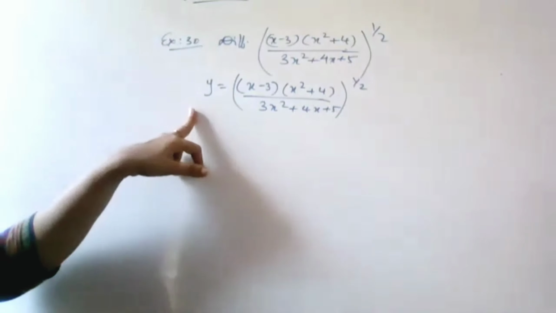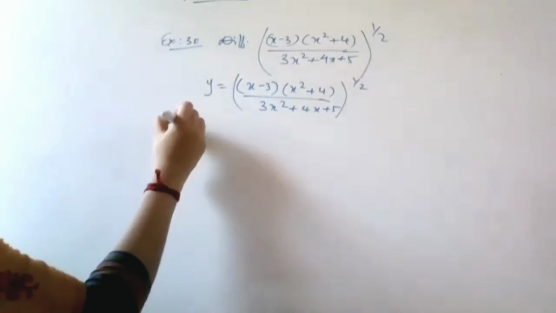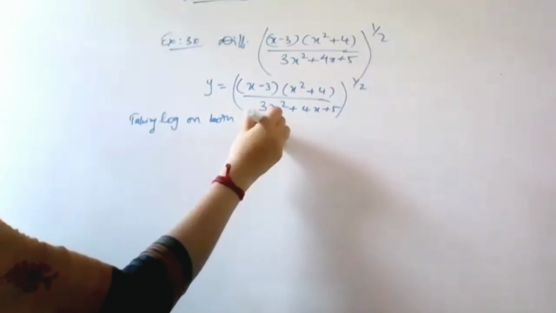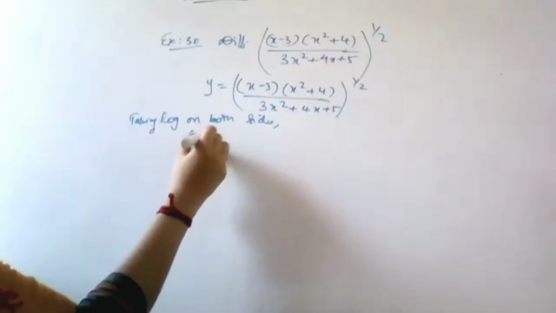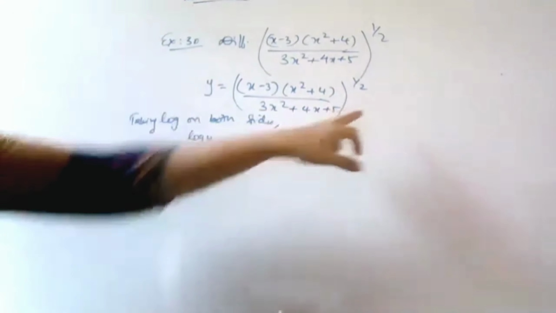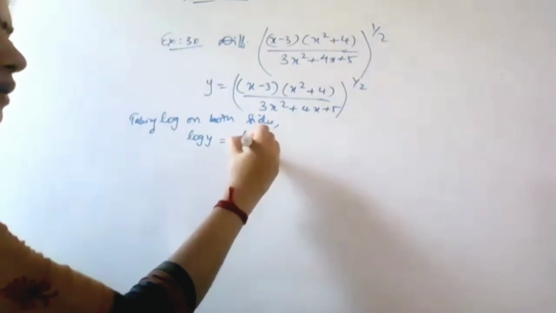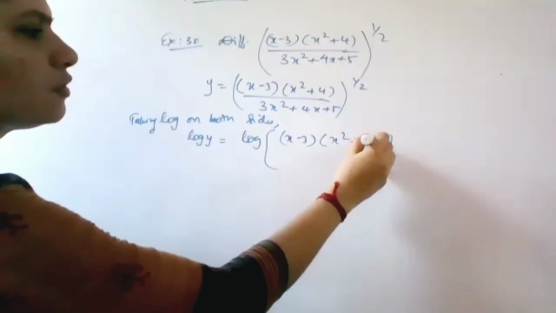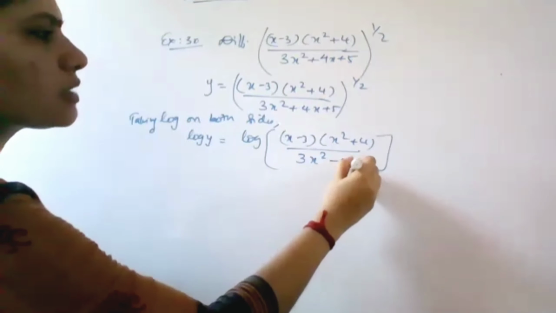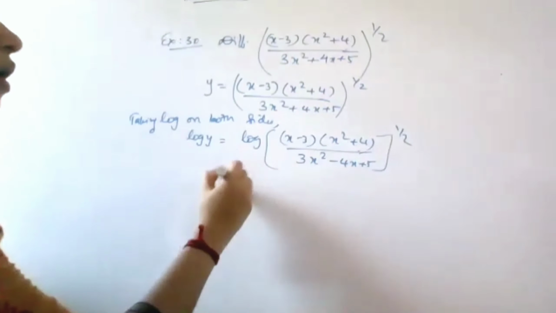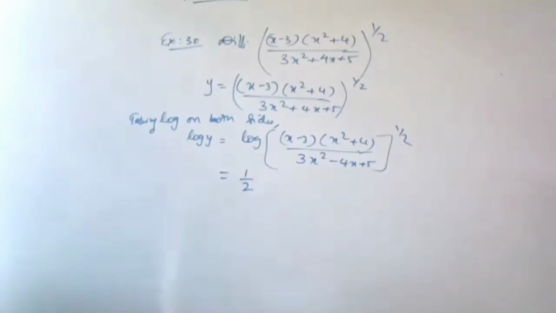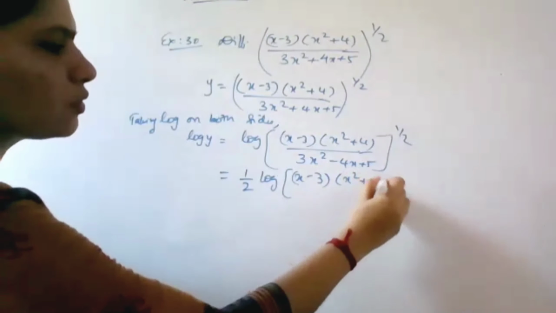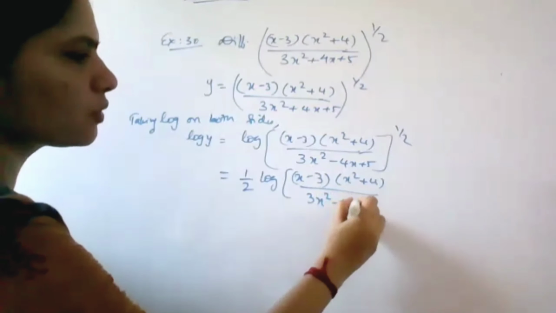And then you have to take log on both sides. So taking log on both sides, you will get log y is equal to log of that whole term, either you can write log of that whole term raised to 1 by 2, or you can directly write the property of log, which is 1 by 2 log of (x minus 3)(x square plus 4) divided by (3x square plus 4x plus 5).